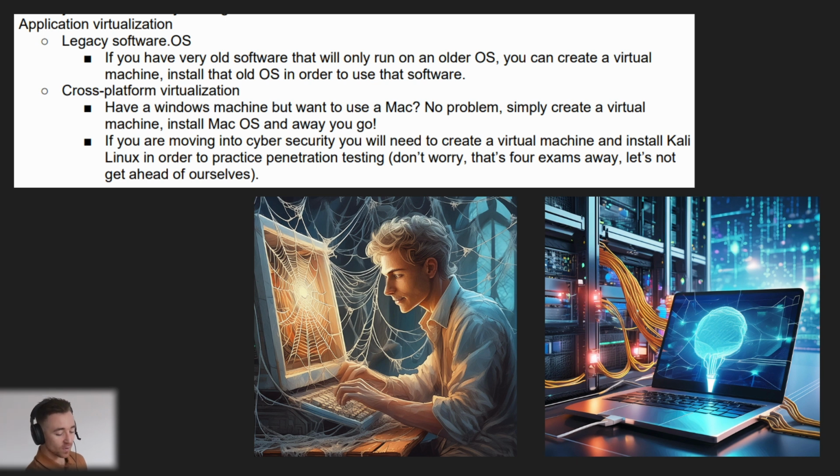Legacy software / operating system is if you have an old software that you want to use and it's not able to be operated on your new modern operating system, you can install a virtual machine set up to be running that older operating system, so that by using the virtual machine on your modern device, you can run that older application that would theoretically no longer run on your modern device, which is why this guy here is covered in cobwebs. He's pretty much following that principle.